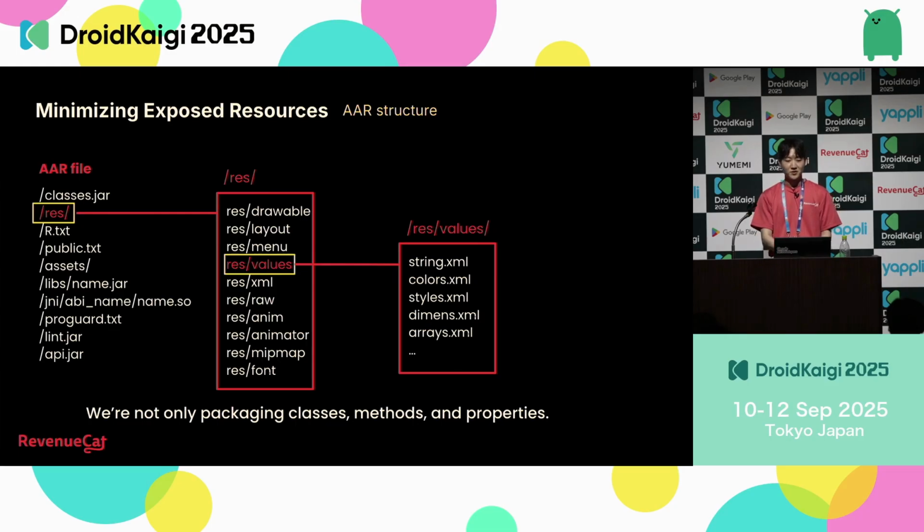So these resources will be integrated into the library user's project if they add a dependency on your library. In other words, the resources used in your library are very transitive.